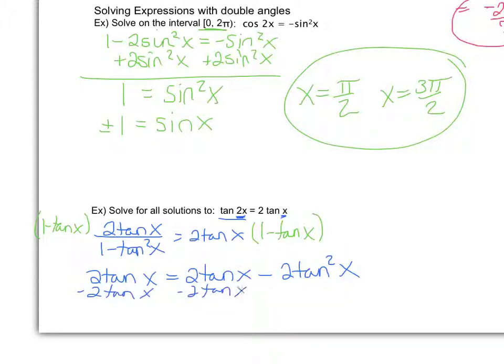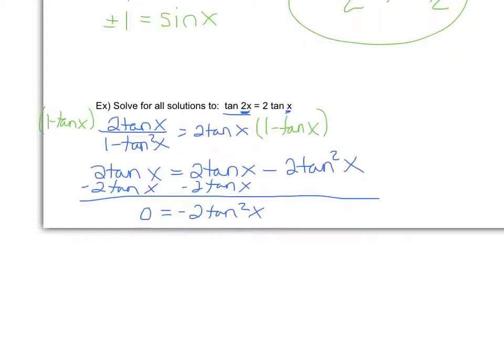And actually, one of my terms is just going to go away, so I'm not even going to need to factor. I'm actually going to solve this with square roots. I'll divide to get rid of the 2, and I'll be left with 0 equals tangent squared x. Actually, before I take the square root, I realize that this right here was tangent squared, and I copied it down as just tangent.